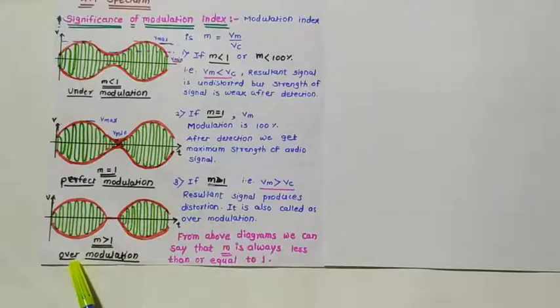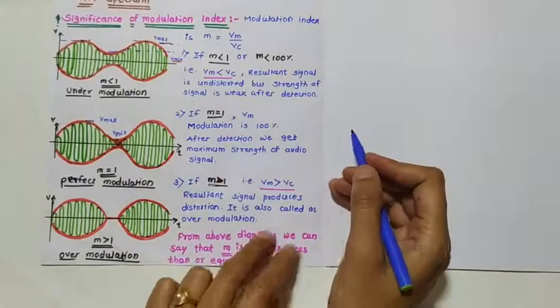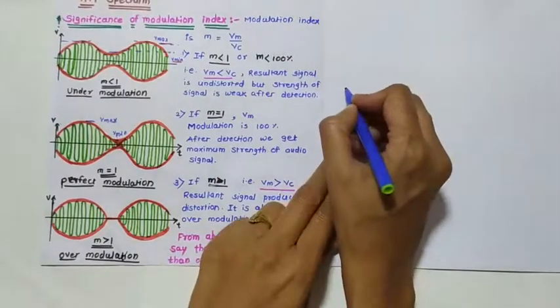Therefore, when m is greater than 1, this is called overmodulation, an undesirable condition.